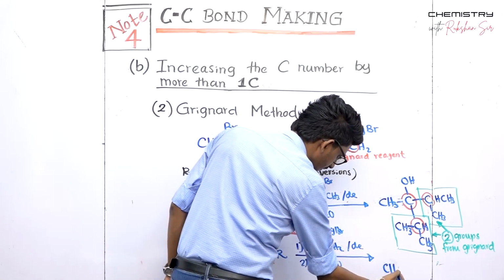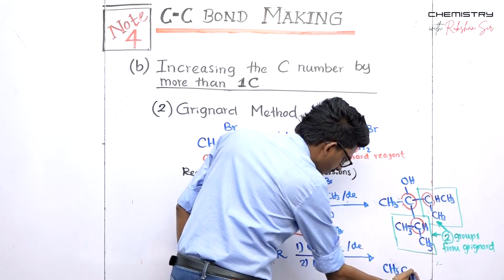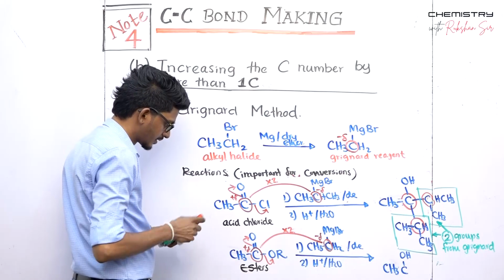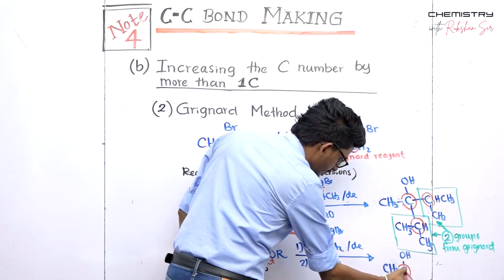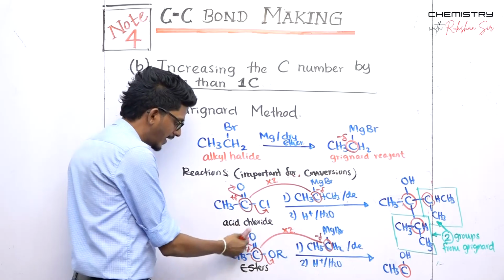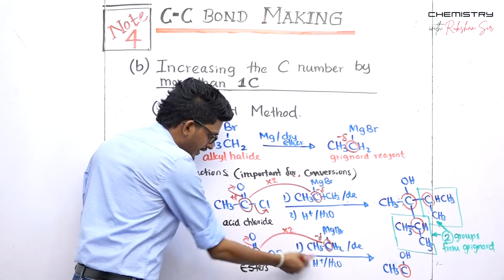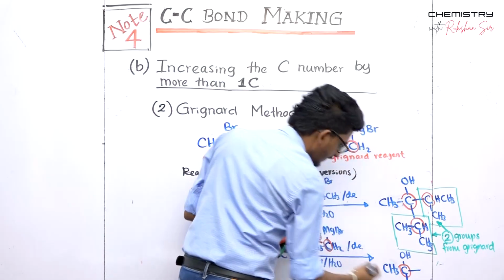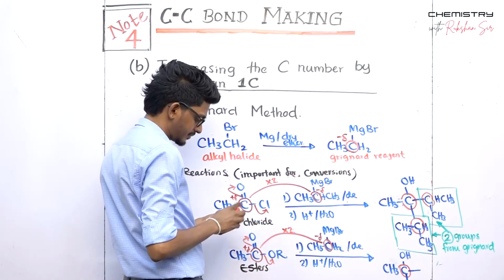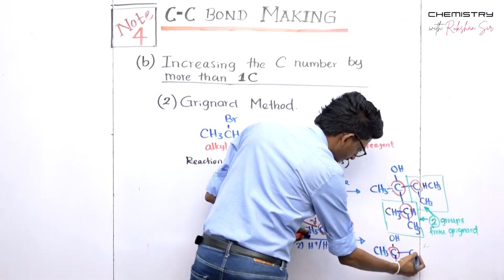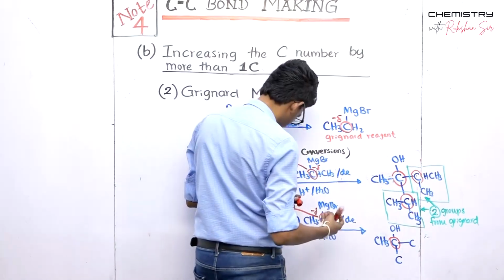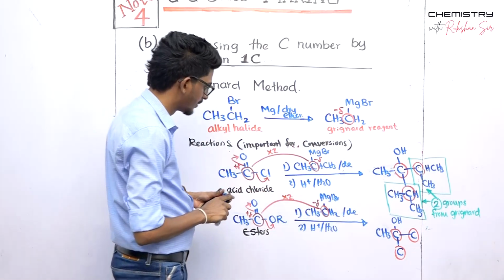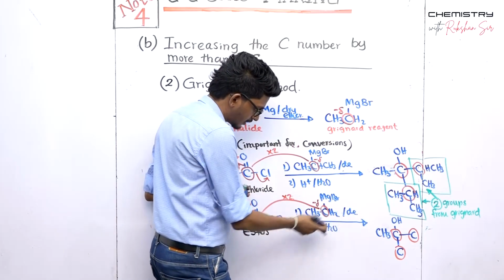So you have this CH3 section, this becoming OH, this becoming OH, clear now? The ester carbon's O minus ultimately becomes OH with the H plus added. So to that carbon, two groups from Grignard will connect. These two are actually Grignard carbons. With the Grignard carbon, you have two hydrogens and a CH3.